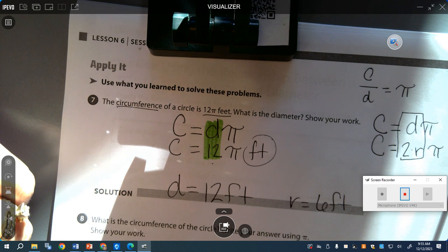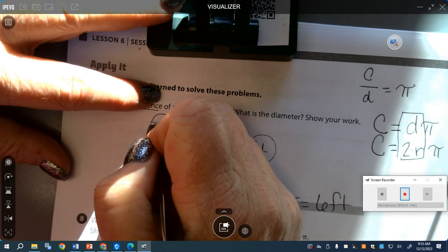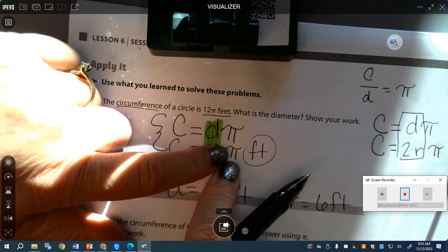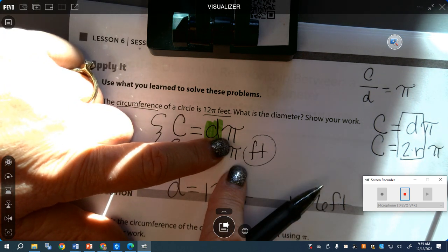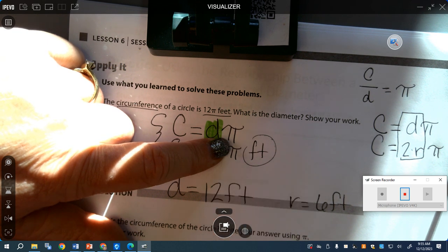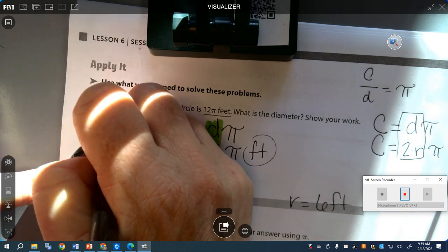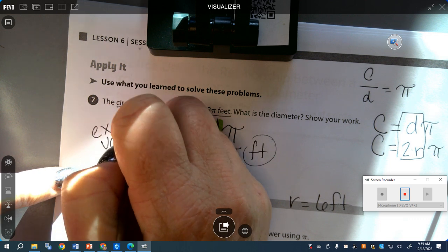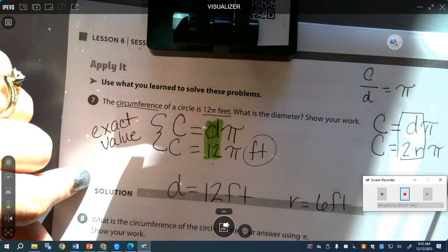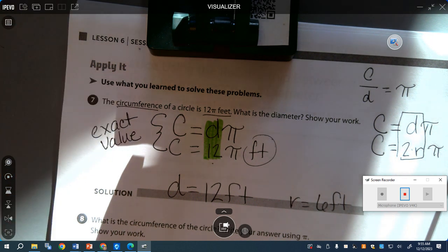Now, here's the other scoop. Look at this. You see how it's labeled with the pi symbol? Did I plug in 3.14 for pi? No, I didn't. So this answer right here is considered to be an exact value. Anytime you have the pi symbol, it is the exact value.